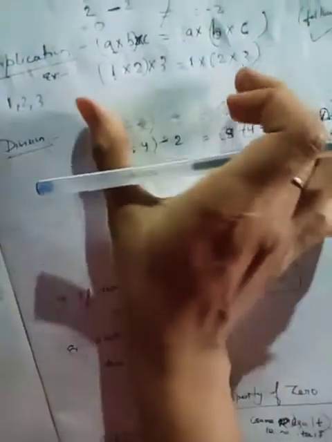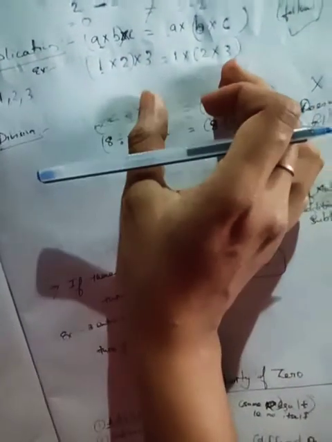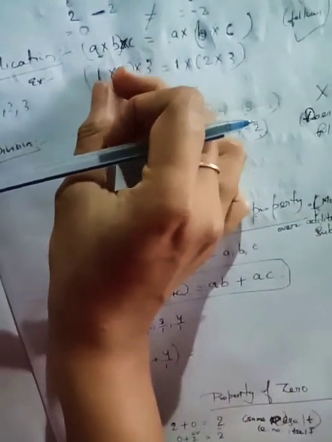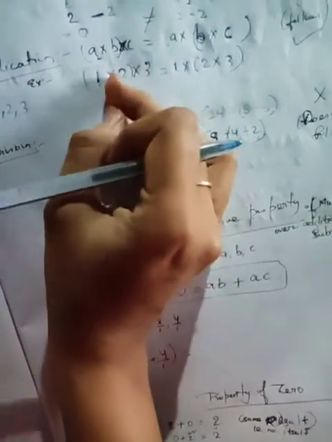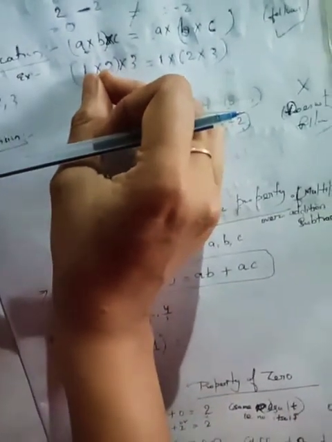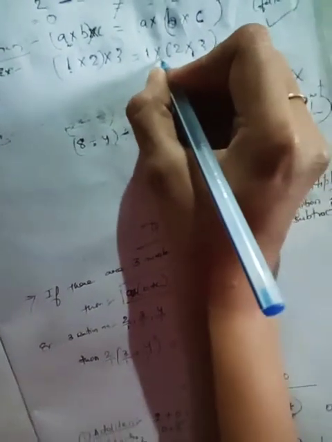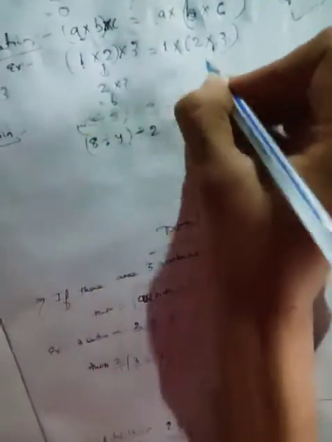As the bracket is different, priority is given differently. Here 1 and 2 are surrounded by the bracket, which means 1 and 2 will be solved first, and here this into will be solved first, not this one. Inside the bracket will be solved first, right? So let's solve it. 2 into 3, 6.